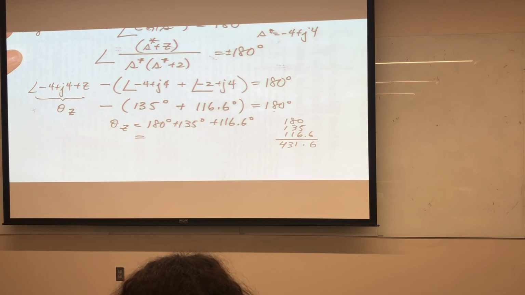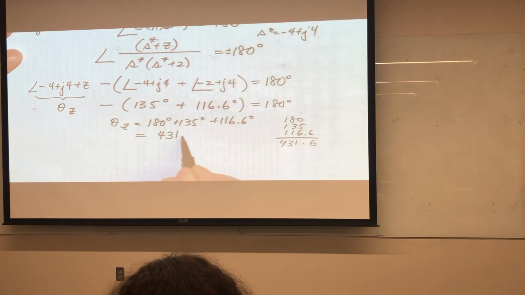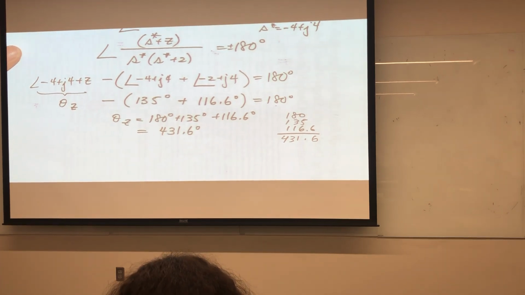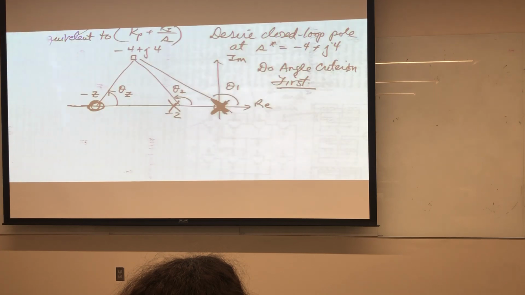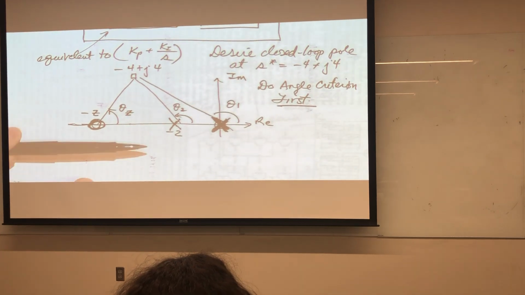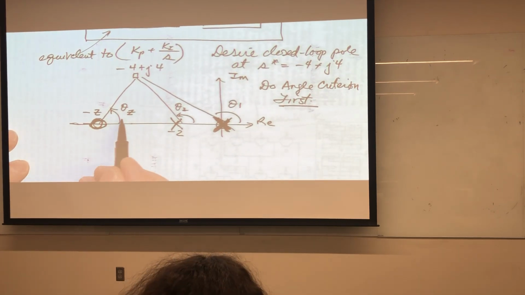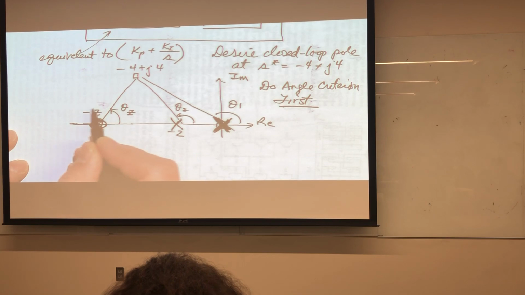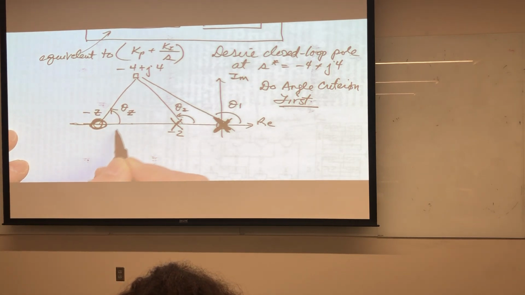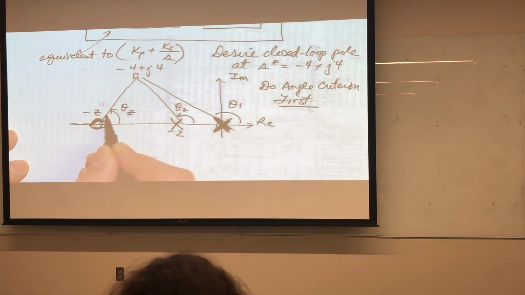Is that right? Okay. 431.6. So what's 431.6 degrees from this point? I'm measuring from this relative to the real line. So 431, I got to go all the way around. I got to go 360 and then continue going.